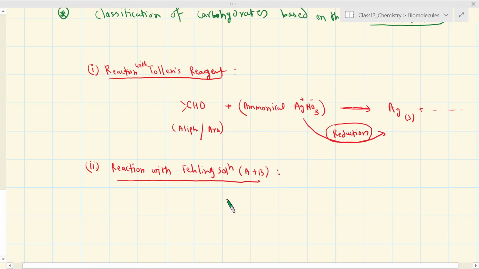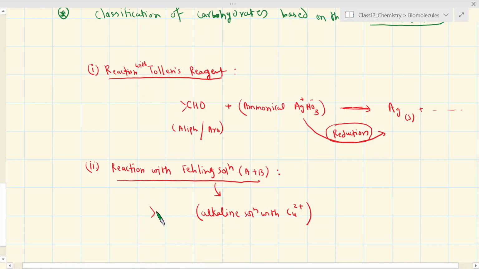They are kept separately, then mixed so that over a period of time they do not disintegrate. This mixture also generates alkaline, basic conditions, just like here: an alkaline solution with copper 2+ ion. Basically, copper sulfate is one substance in this. So the mixture creates this.